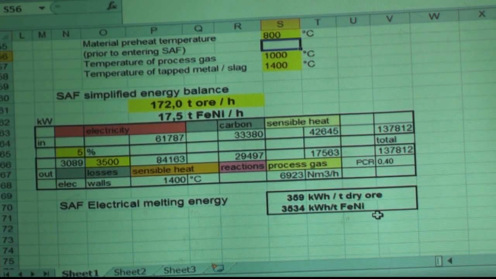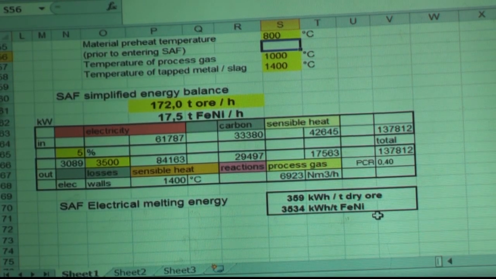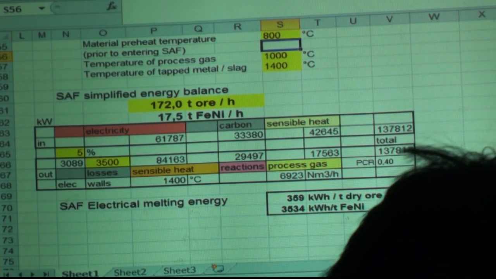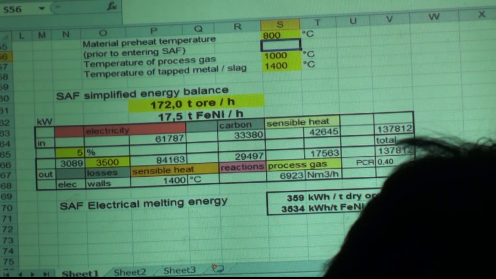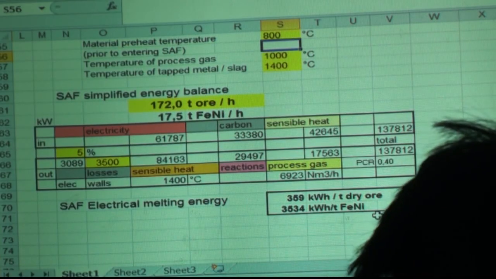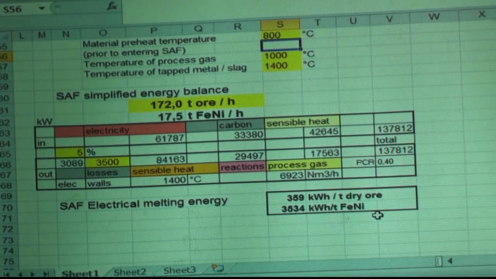But you know, this is really not a typical furnace because look, the consumption per ton calcine. This is very bad consumption. You cannot propose a furnace to skilled ferronickel people with such a high consumption.